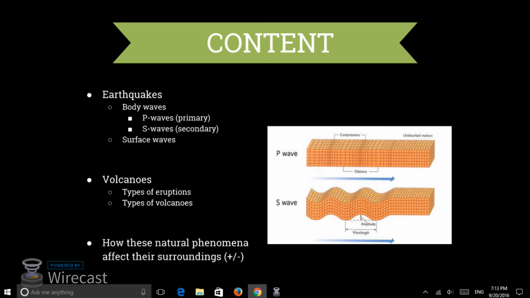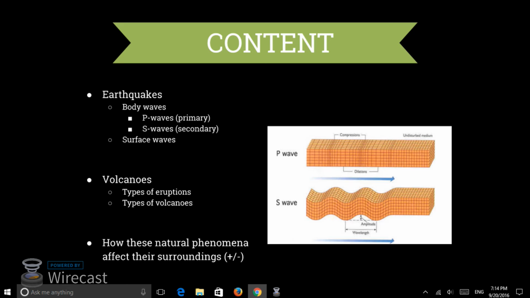And so, concerning earthquakes, you should know about P waves, S waves, and surface waves. P waves, which stand for primary waves, are the fastest. They arrive first during an earthquake. P waves and S waves are both body waves, and S waves are secondary waves, so they're slower.